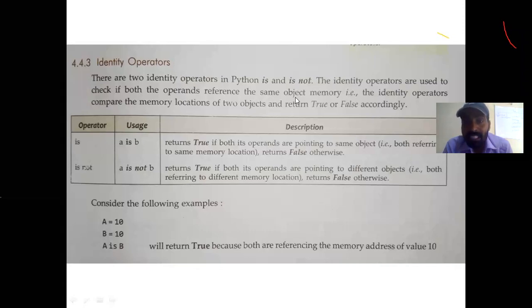Same object memory means if their addresses are same, if their location is same in the memory, then only they are called identical. Have you heard the word identical? Means if their address is same, then only you can say that their identity is same, because they are stored at the same location, same place. That's why their identity is same, or you can say they are identical according to Python.